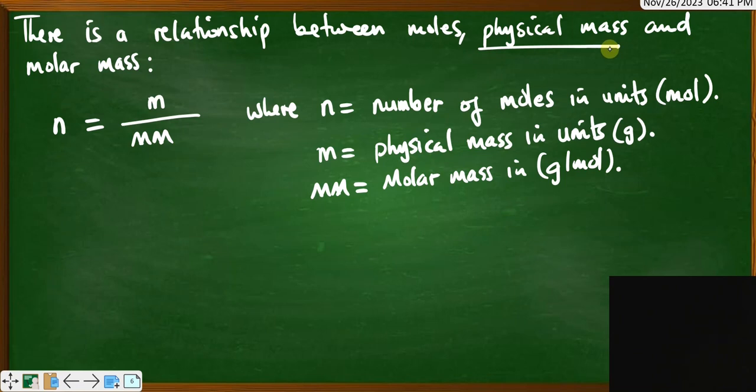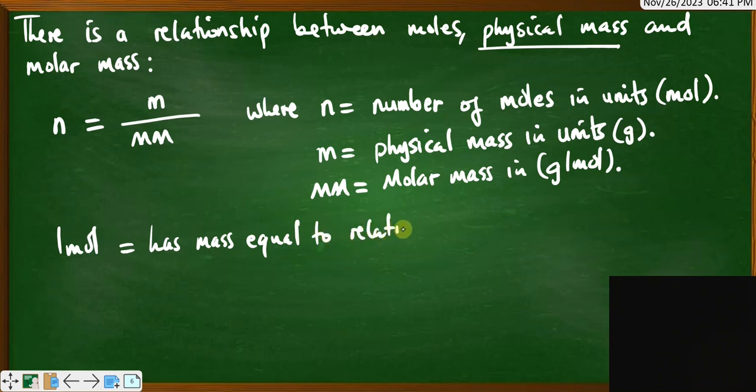Remember, if you have 1 mole, the mass you find is equal to the relative atomic mass. 1 mole has mass equal to relative atomic mass, or, not molar mass, formula mass.